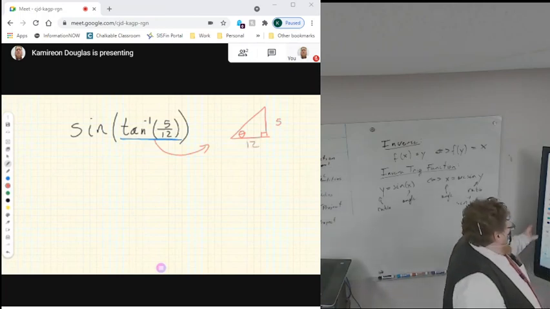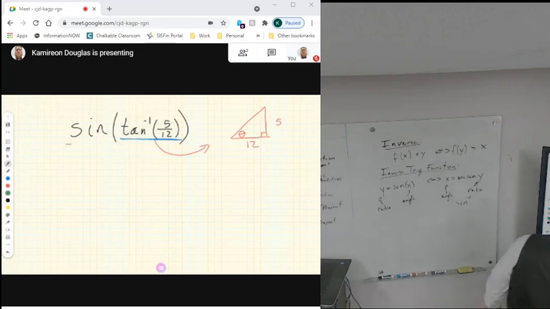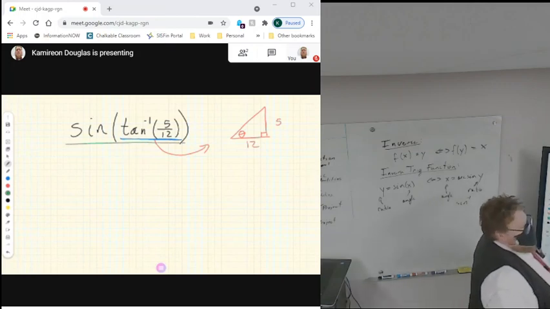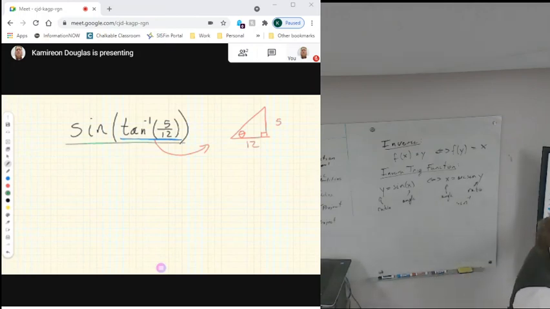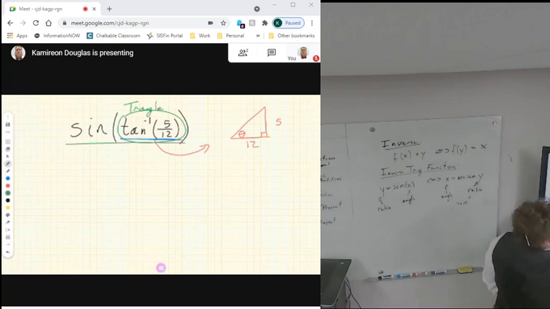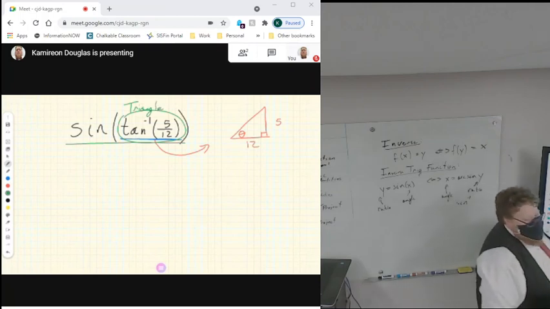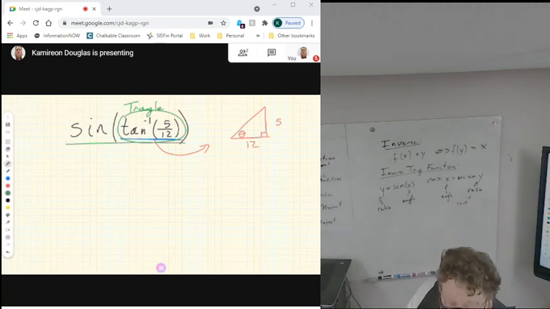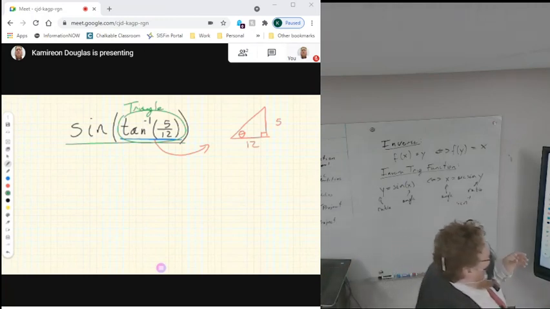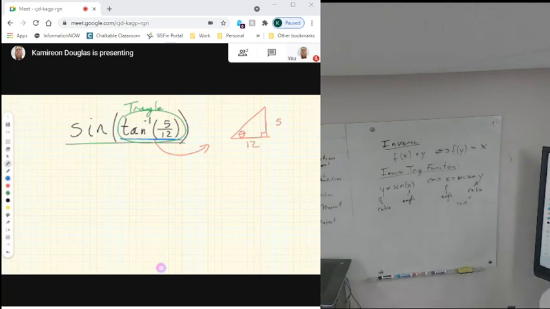Now the question asks specifically about the sine value of this triangle. Because remember, this statement right here references a triangle, which we've now drawn. What this problem is asking is, what is the sine of that triangle's angle? I don't need a calculator to do this, because to find sine, all I need is opposite over hypotenuse.